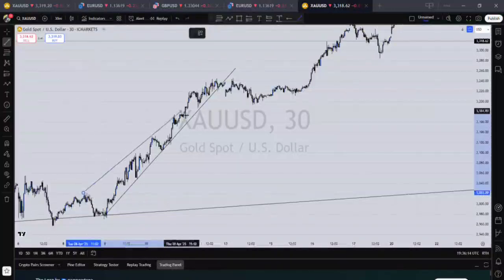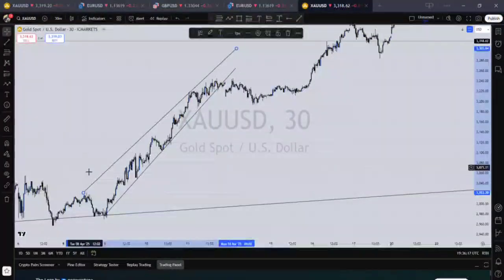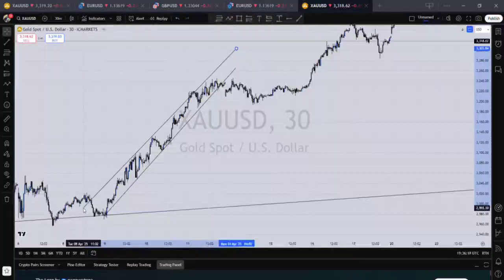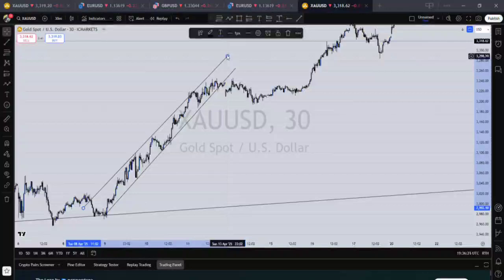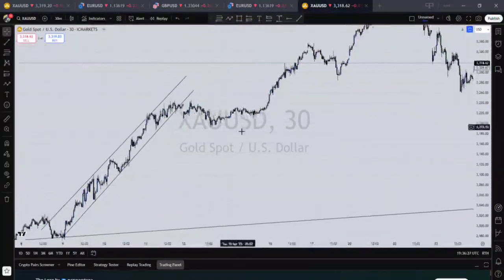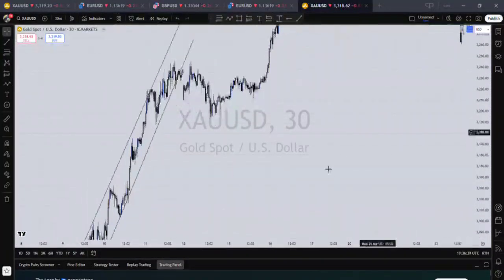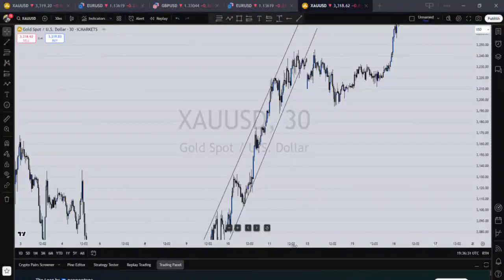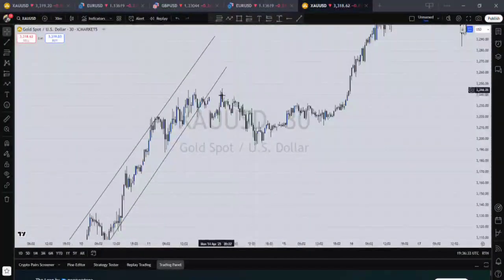So you can see that it's aligned with the resistance. So in patterns, this is a rising wedge, right? This is a rising wedge. And now this rising wedge, look at how structure plays out.